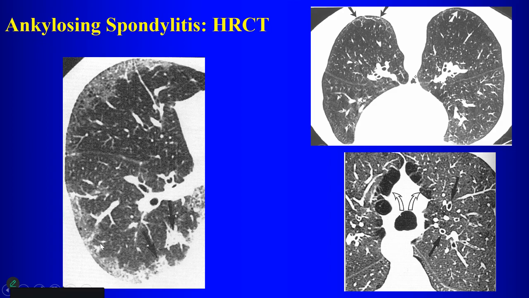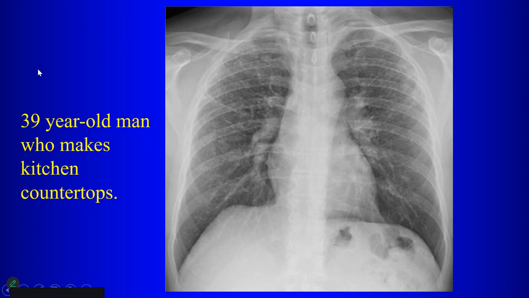Here we have more peripheral ground glass and interstitial abnormalities. So when we look at these patients with high-res CT, even if the changes aren't apparent on the chest radiograph, a higher percentage can have interstitial abnormalities. So there are some rare cases of ankylosing spondylitis that can also give you upper lung interstitial lung disease.